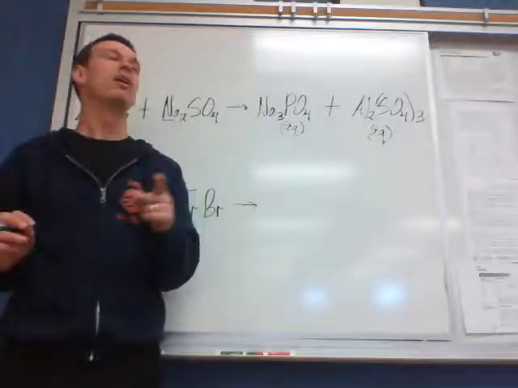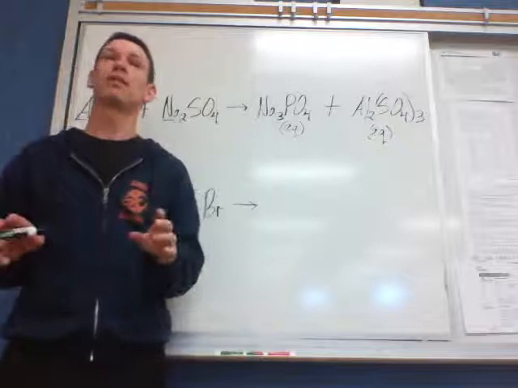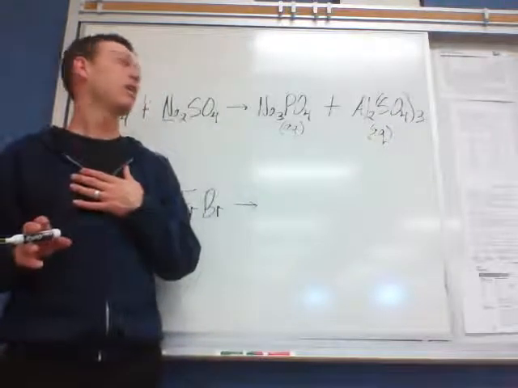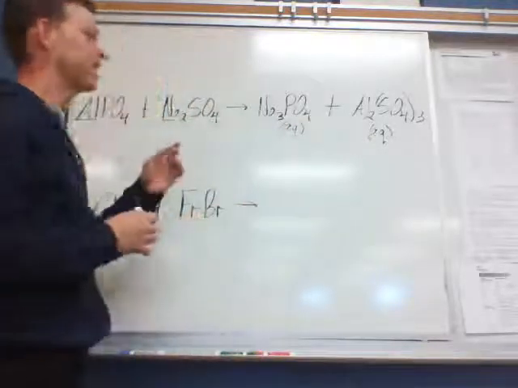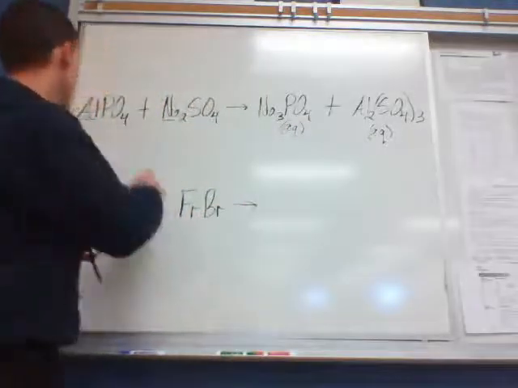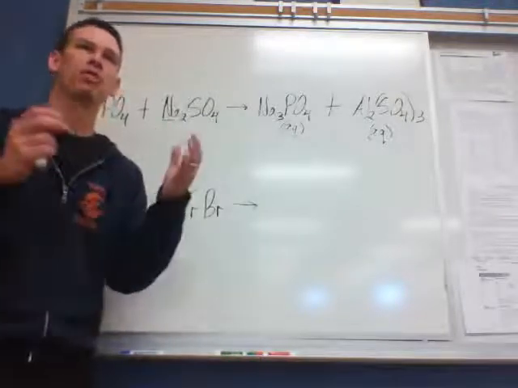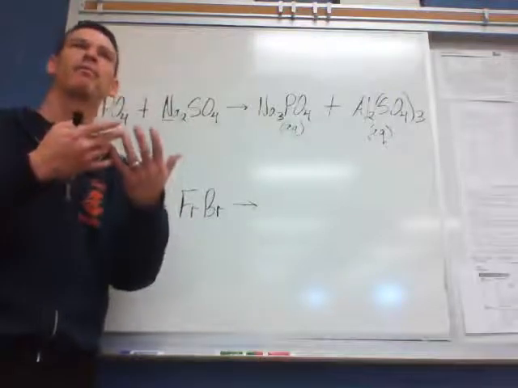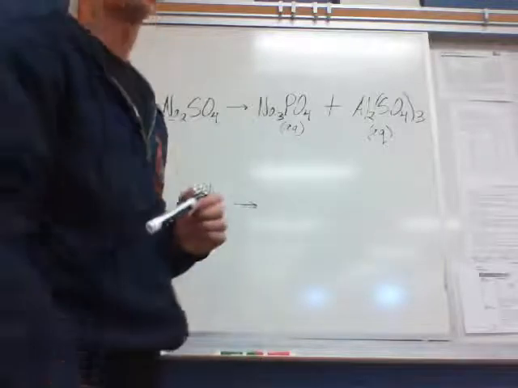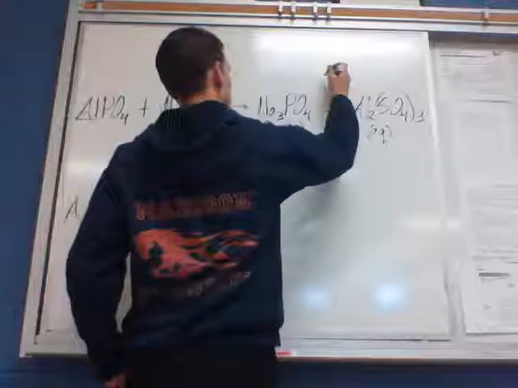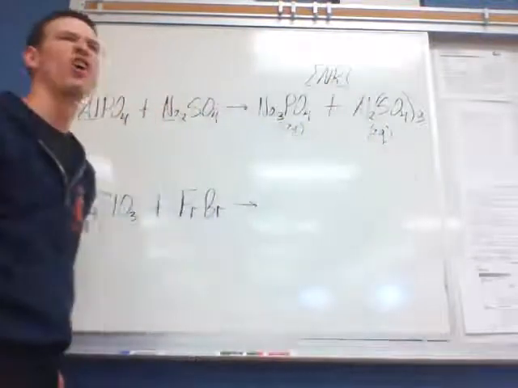Remember, a precipitation reaction must form a solid, or it won't have even happened in the first place. Since my prediction states that both of these products would be aqueous, that means that they never would have formed in the first place. If I mix aluminum phosphate and sodium sulfate together, nothing happens. They just float with each other. Two aqueous products equal a no reaction. We symbolize a no reaction just with a NR.